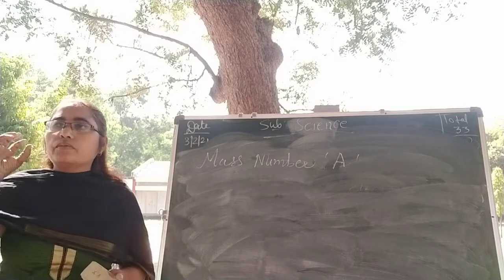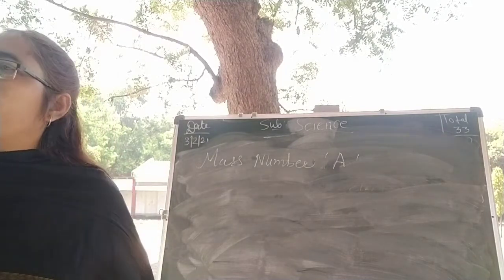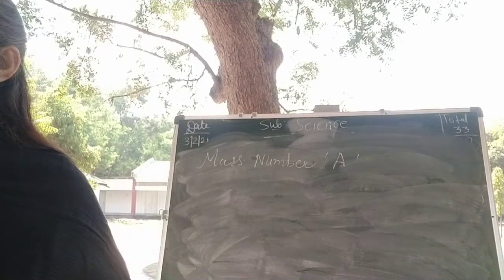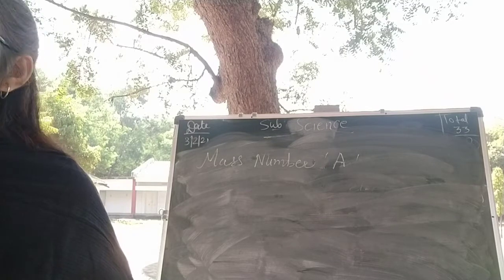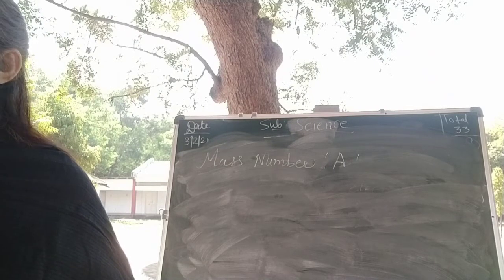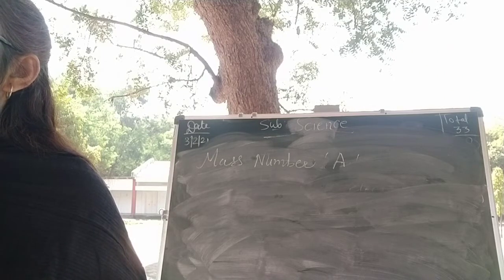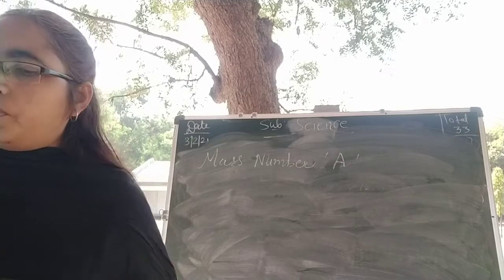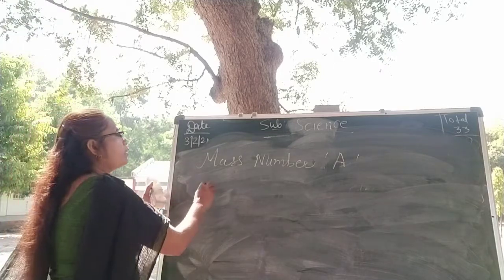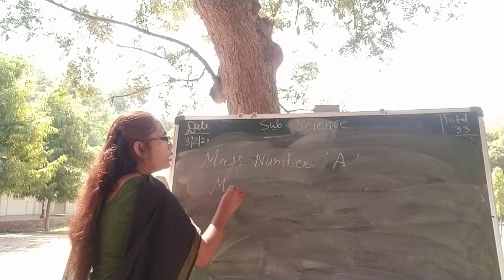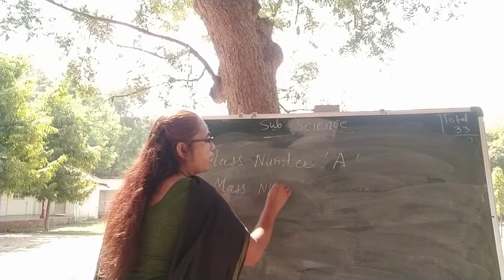Now, the mass of an atom, where does it reside? Nucleus. Correct? Now inside the nucleus, which particles are present? Neutron and proton.